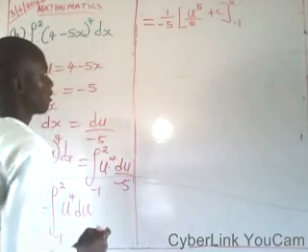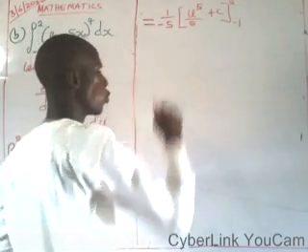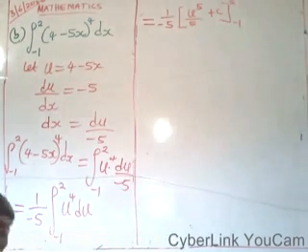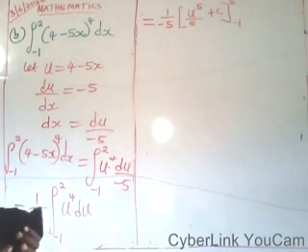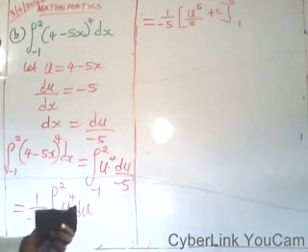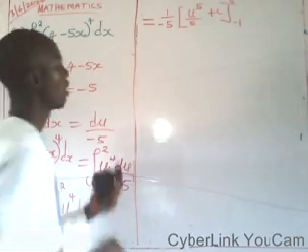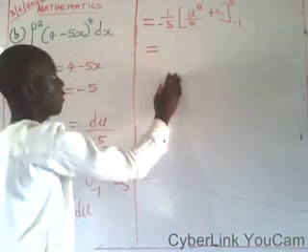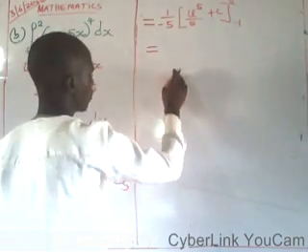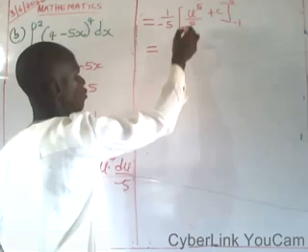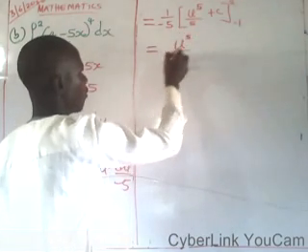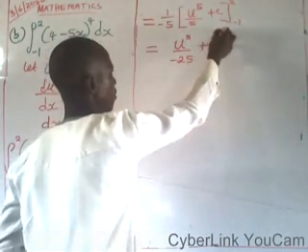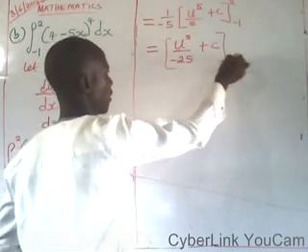So the best way to do this is, since I know that when I substitute the limits the constant will vanish, I can easily eliminate the constant if I so wish. And if I like, I can have this equal to, open the bracket, u raised to power 5 all over minus 25, then plus c, close the bracket, from minus 1 to 2.